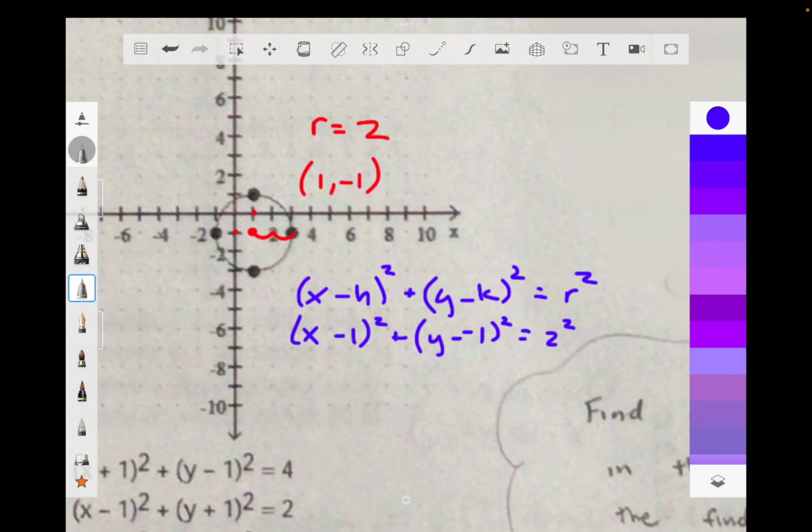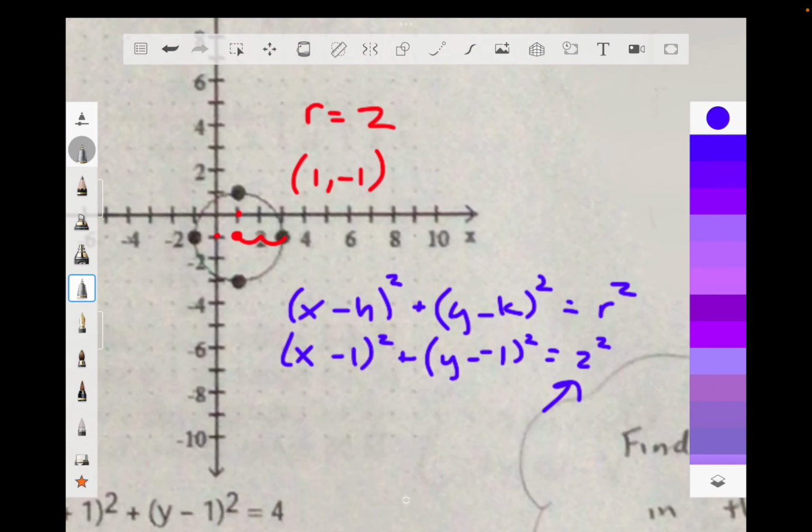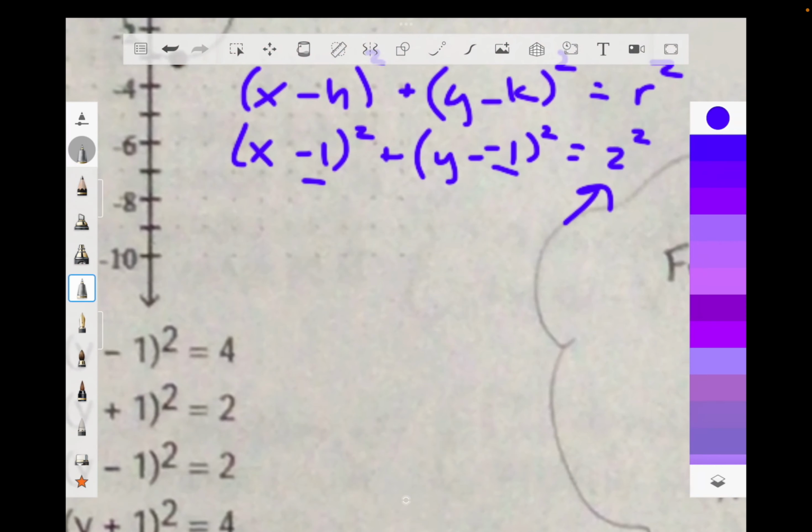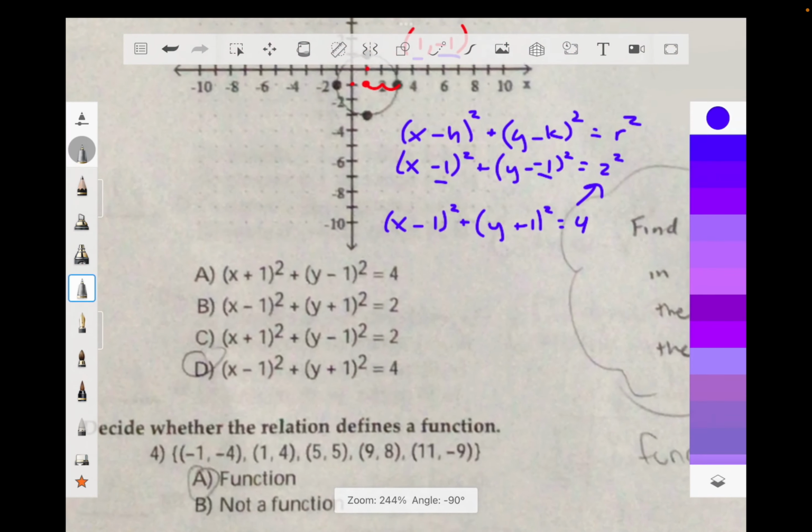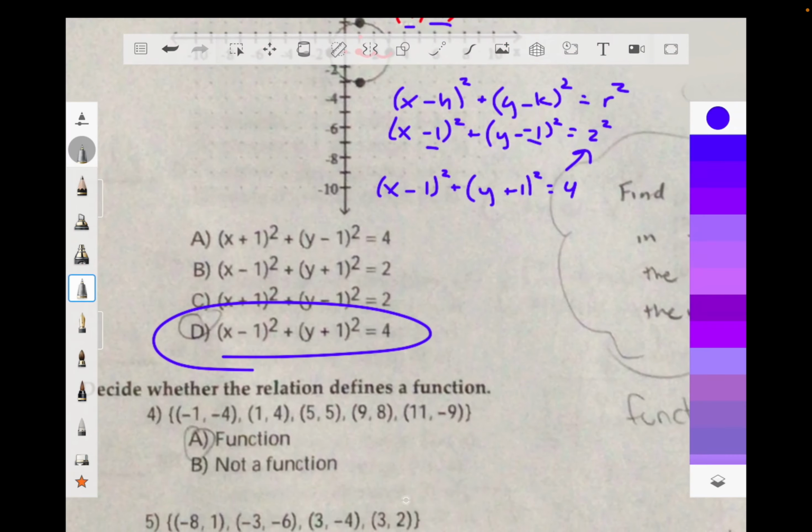Because r is 2, that's where that comes from. Our k is -1, that's where this comes from, and our h is 1. That's where this comes from. Which, of course, is x minus 1 squared plus y plus 1 squared equals 4, which is this one.